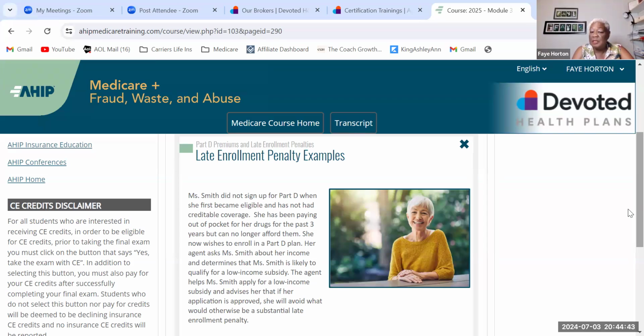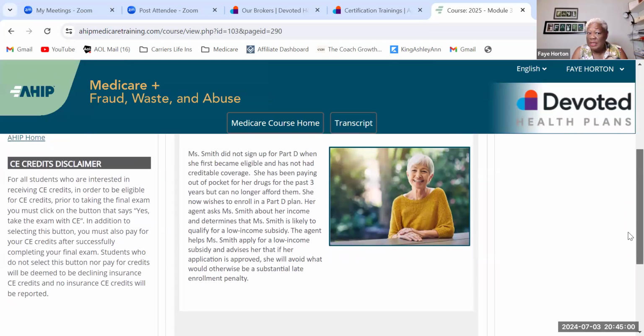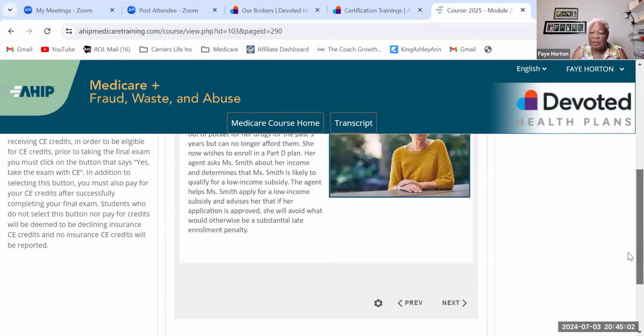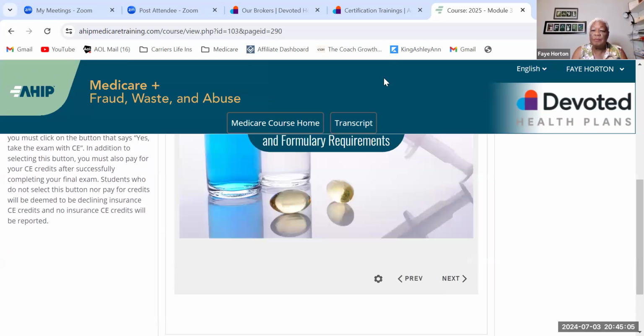The agent helps Ms. Smith apply for low-income subsidy and advises her that if her application is approved, she will avoid what would otherwise be a substantial late enrollment penalty. That would have been 36 months, 3 years.